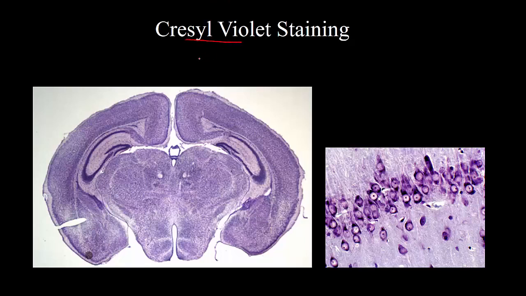Cresyl violet is going to stain Nissl substance, which is concentrated in the nucleus. And so here, if you look at this, this is going to be a coronal section of a mouse brain. Sorry, this is a rat brain, my bad. Of a rat brain.